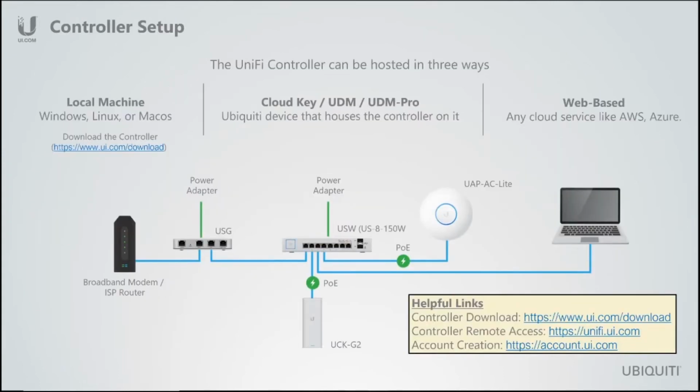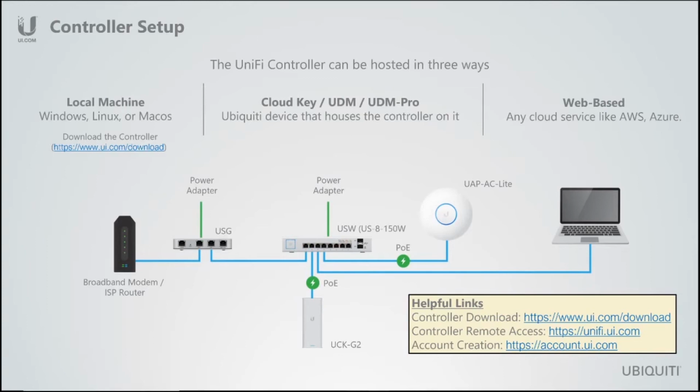You kept hearing about the UniFi controller. So let us tell you what exactly a UniFi controller is again. UniFi controller is basically the kind of software which would manage your Wi-Fi network or your UniFi network. If you look at the screen right now, you would see that there are different ways to have a UniFi controller. You can install it on a Windows machine, a Linux machine, or a Mac OS.